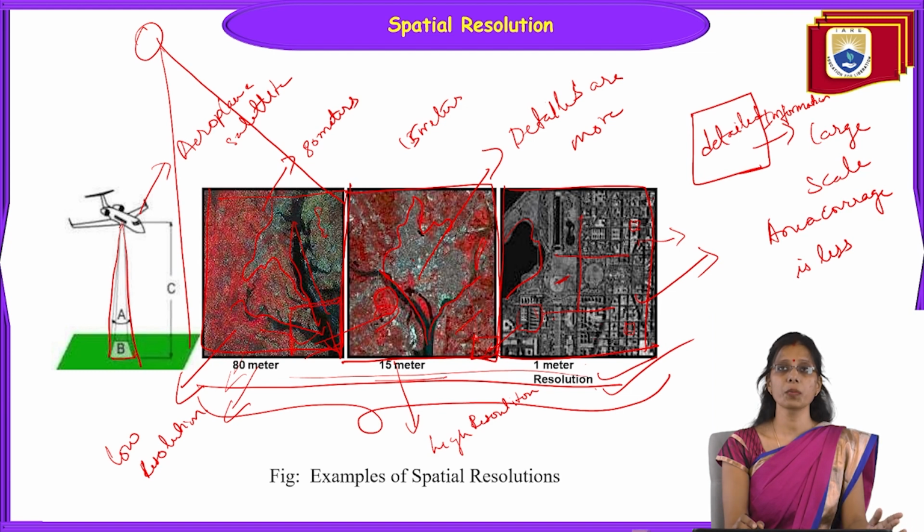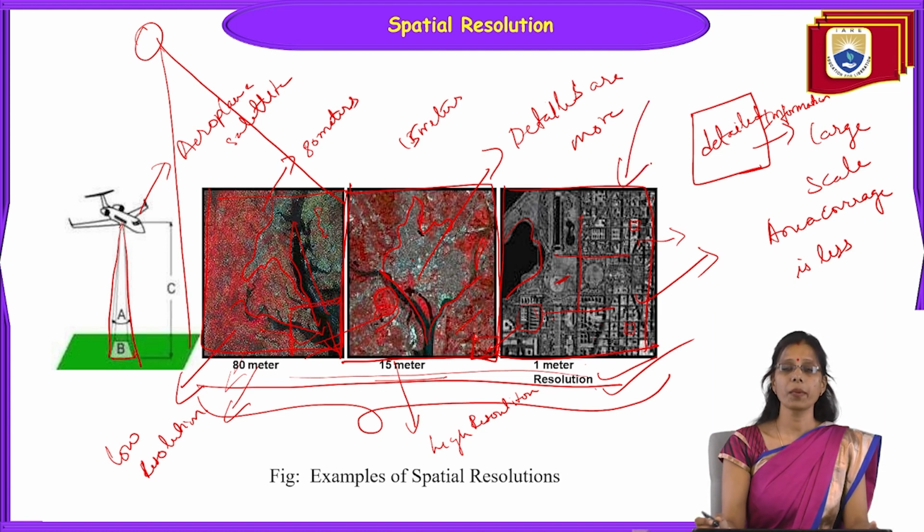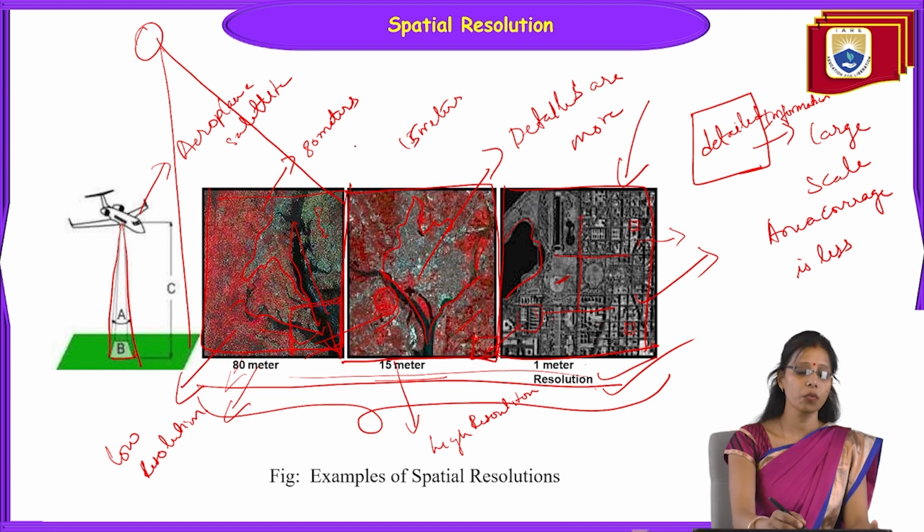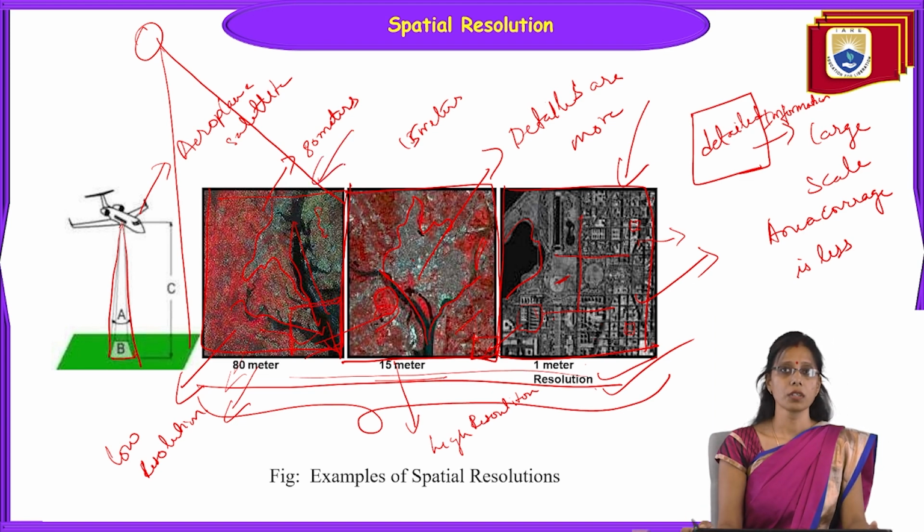So when you want a satellite image for infrastructure development, we have to go for 1 meter resolution. We cannot go with 80 meter resolution. Only with 1 meter resolution are we able to get information about developmental activities, right?